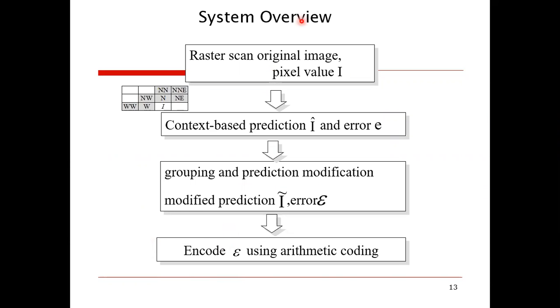So the prediction value will be 105 in the previous example, and the prediction error will be minus 5. After calculating the prediction value and prediction error, you will find the modified prediction I bar and the modified error E. The modified error is then used for encoding the whole image.